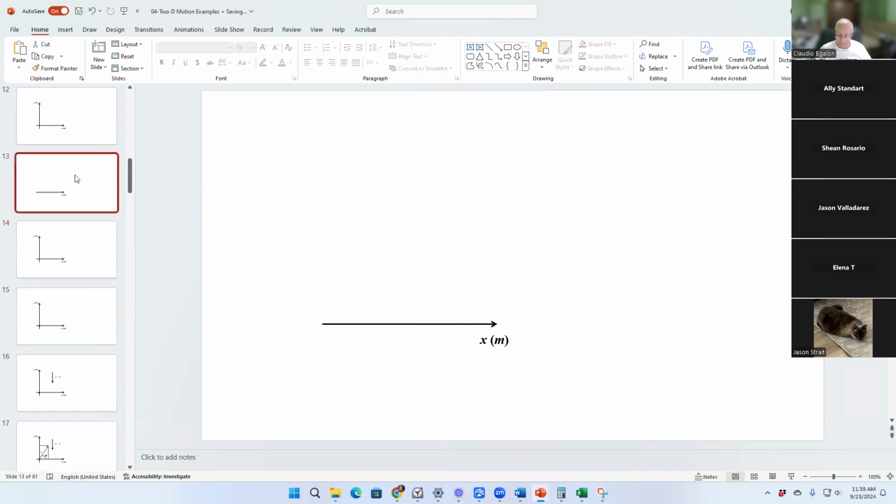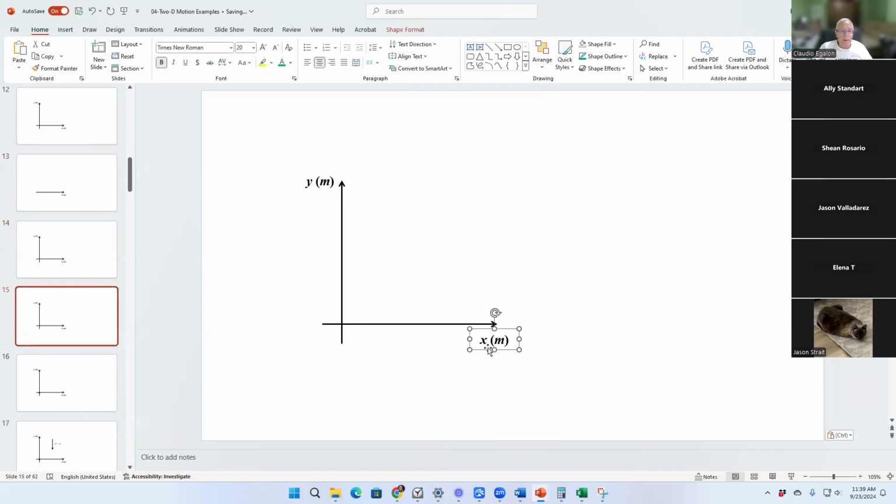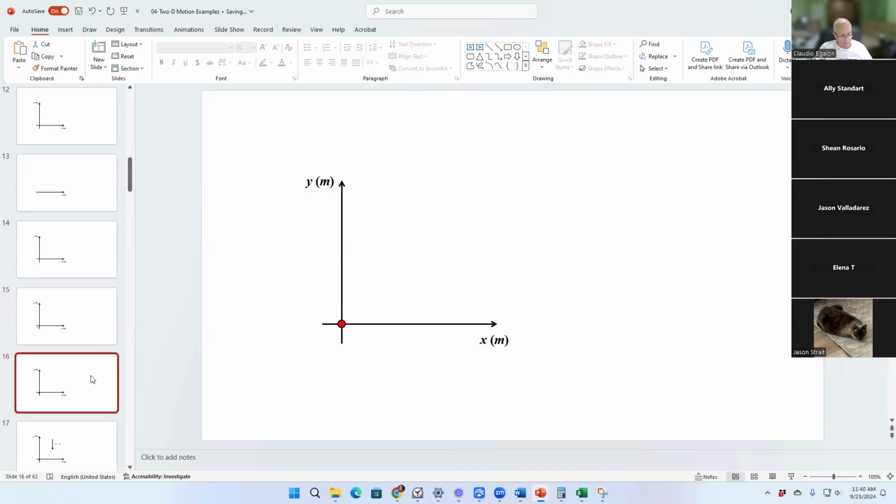Let's put the origin here too, right? Notice that I'm putting the units between parentheses, right? And then let's not forget our particle. Our particle now in this specific case is exactly here at the origin.